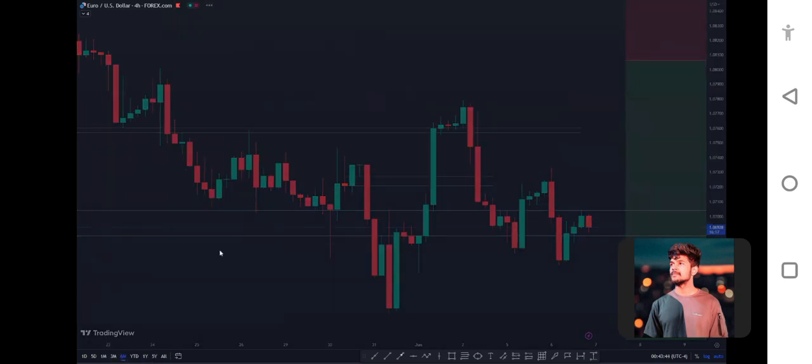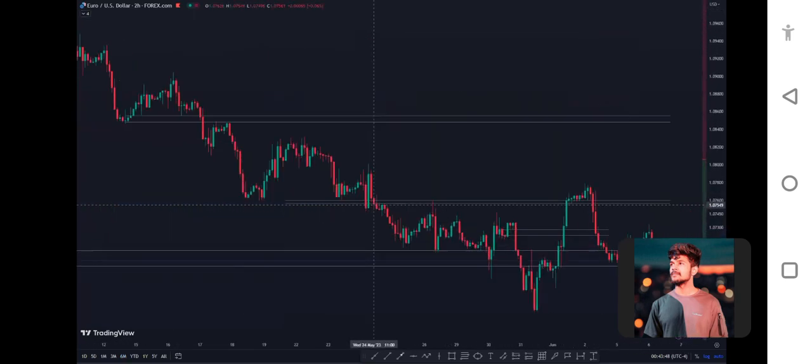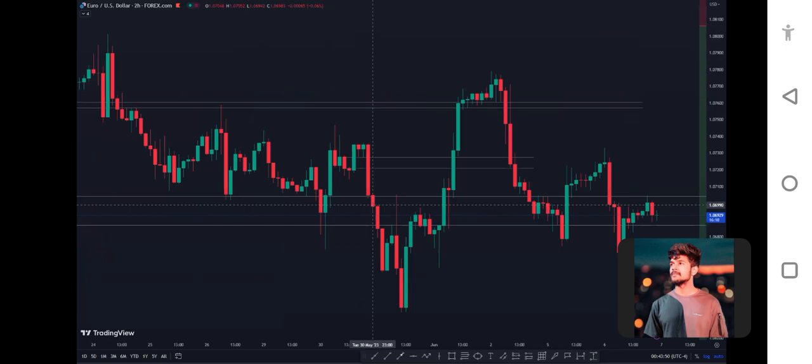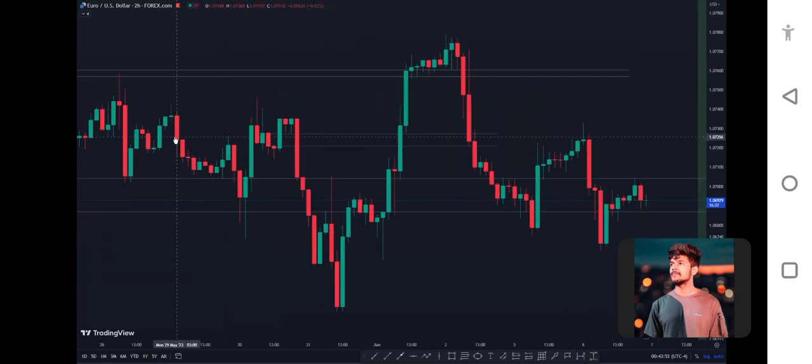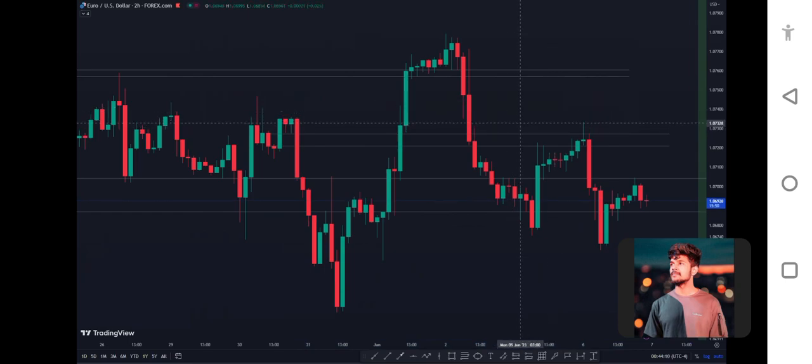For that, we need to see this time frame. Not this one, lower, I think. Okay, so yesterday we filled the gap, the wick, and look at the bodies.